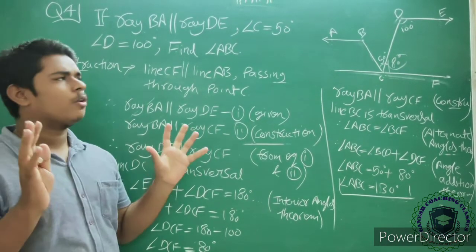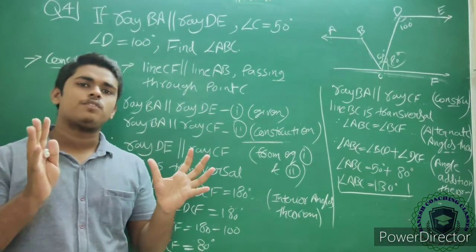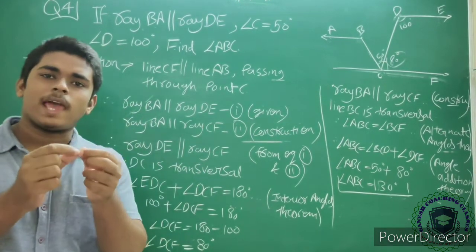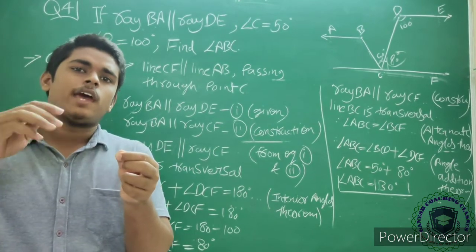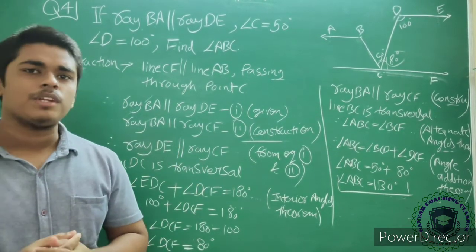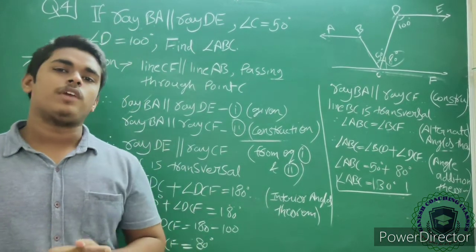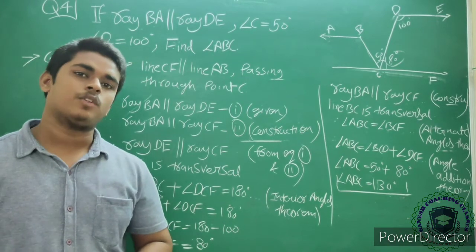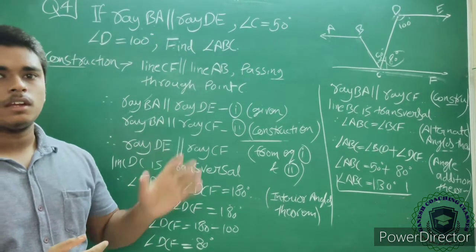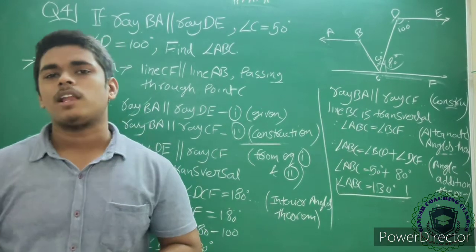So how is this sum different from others? Because there is no relation between the angles which we have to find and which are given. If there is no relation between them, then we have to do construction. So we did construction here by drawing a line.